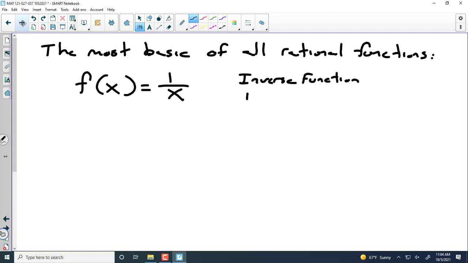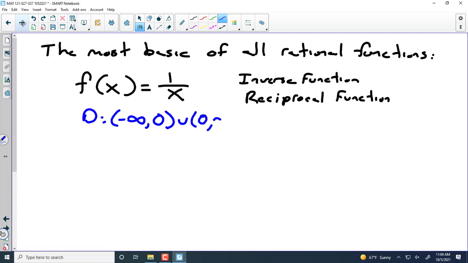It is sometimes called the reciprocal function. But it's 1 over x. What's the only number you're not allowed to plug in there? 0, yeah. It has a domain of negative infinity to 0 and 0 to infinity.